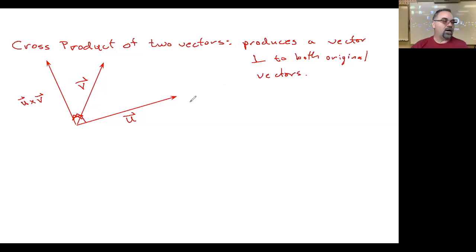And so if you have two vectors, and depending on what they represent, this third vector might be something particularly useful.